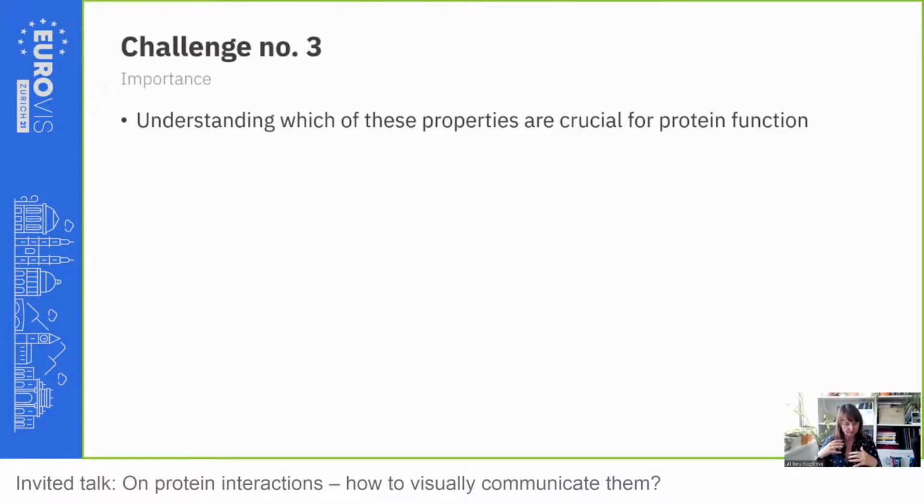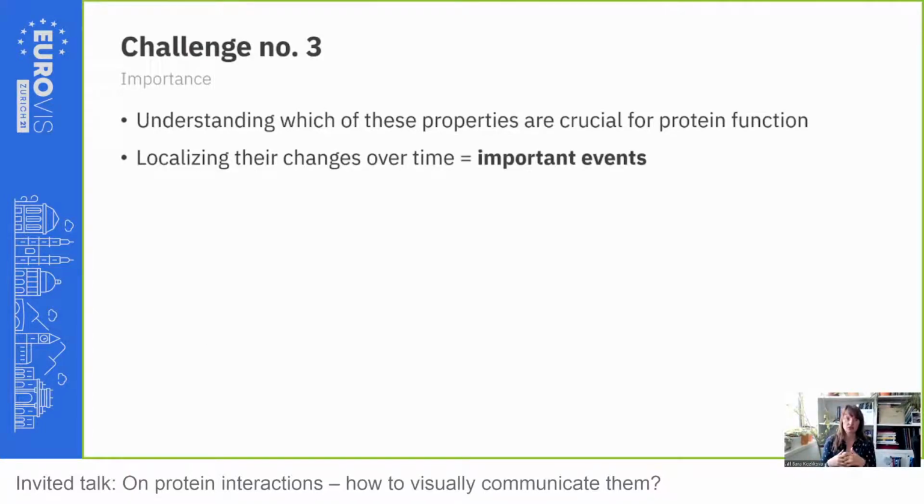We can have some other properties which are important in one particular arrangement of molecules and, for example, not in the other, and we would like to know the reason for that. If I'm talking now about molecular dynamics simulations, then we are trying to figure out which properties are crucial for protein function, and we would like to localize these important changes when they are occurring over time. I'm calling it an important event here.